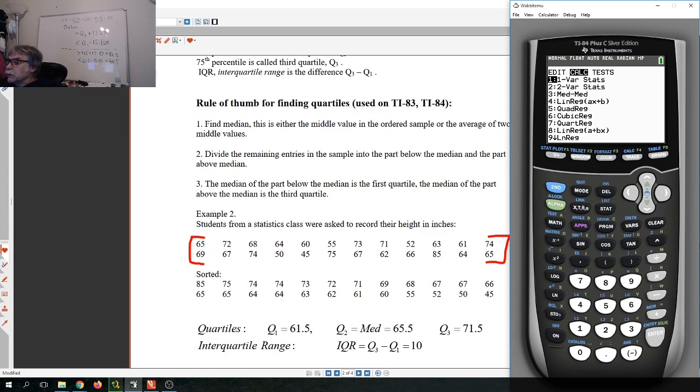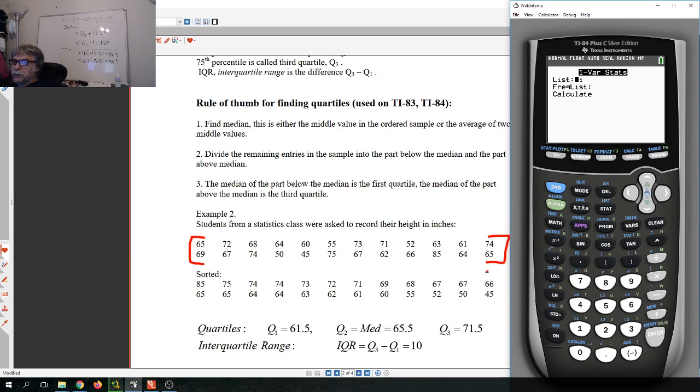Now sometimes you need the two variable statistics in case you are using maybe height and weight, but we don't have that here. So one variable statistics, and we are calculating. The question is where the data is. The list 1. The frequency list is by default, everything is counted once.